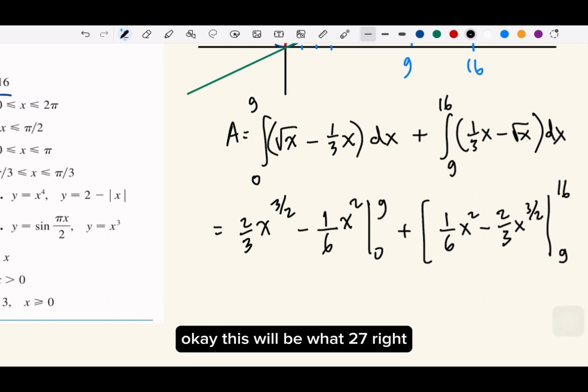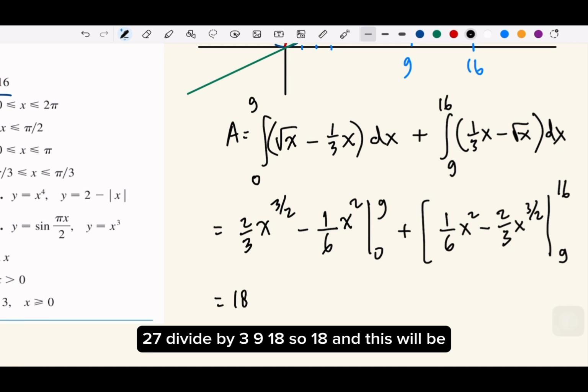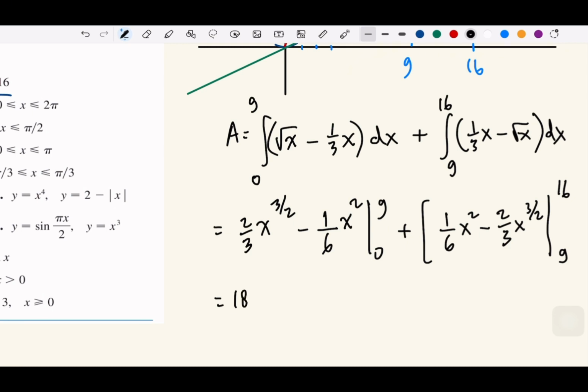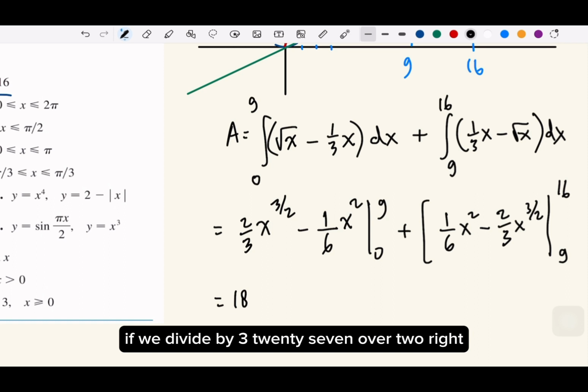Okay, this will be what? 27, right? 27 divided by 3 is 9, so 18. And this will be 81/6. If we divide by 3, it's 27/2. Right?